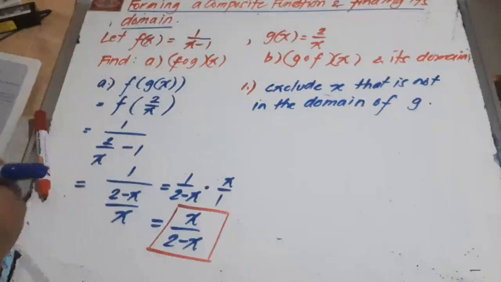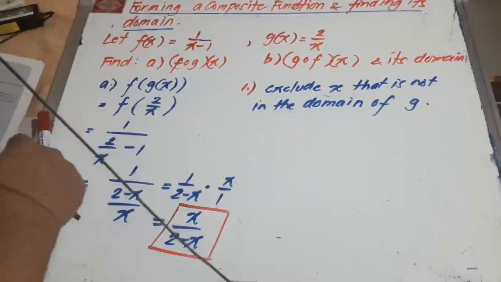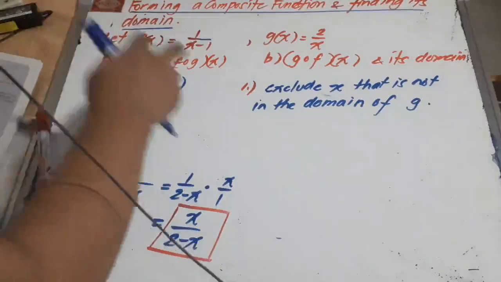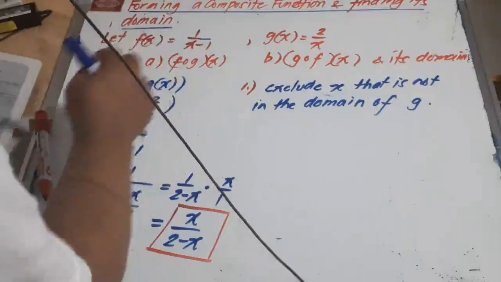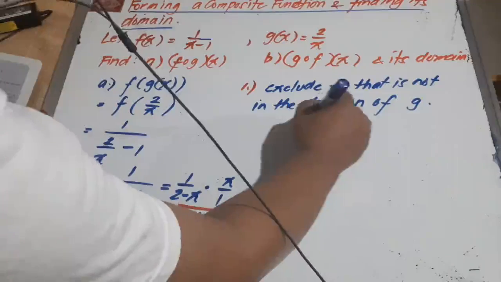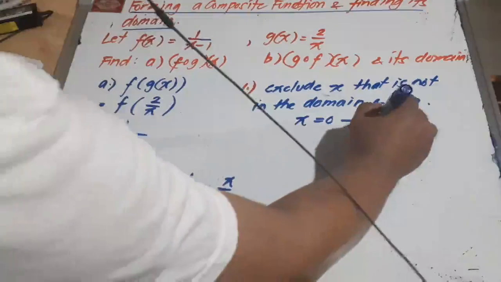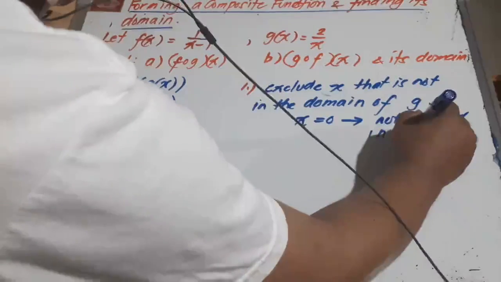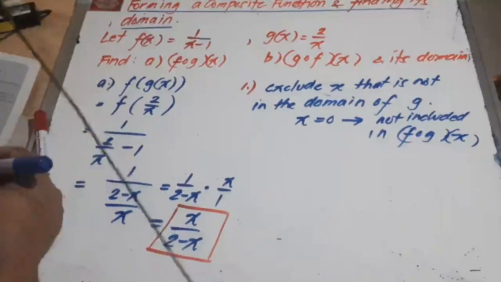Ano ba ang hindi natin pwedeng isama sa domain of g? Ibig sabihin, yung wala sa domain ni g function ay hindi natin isasama sa domain of this composite function. Ang domain ng ating g is all reals except x equals 0. So ibig sabihin, x equals 0 is not included also in the domain of f circle g of x, kasi wala siya sa domain of g function.